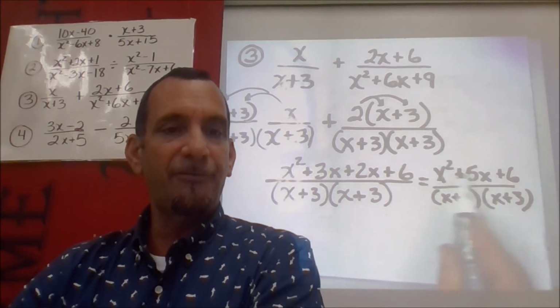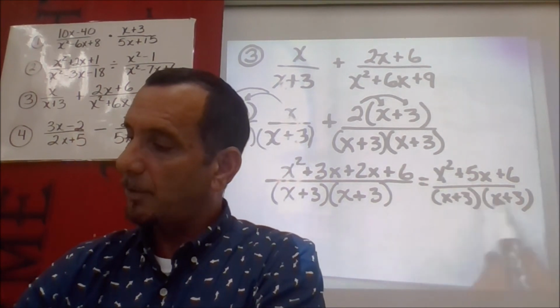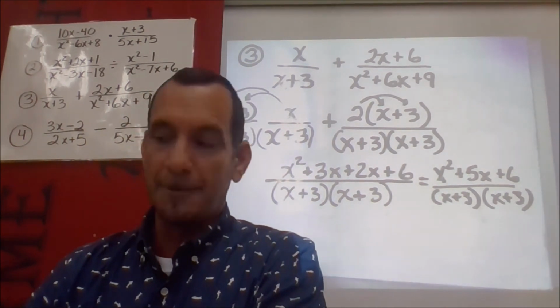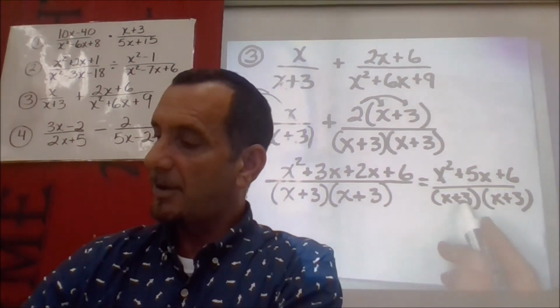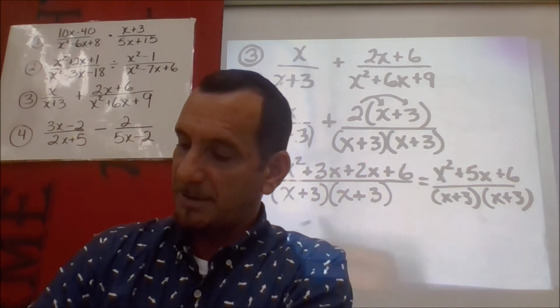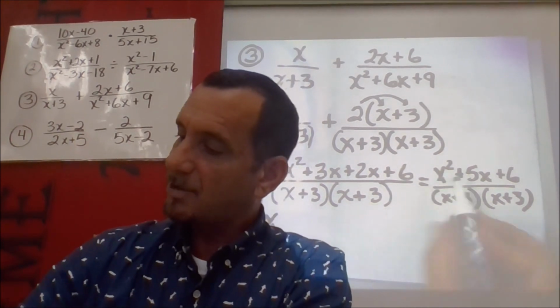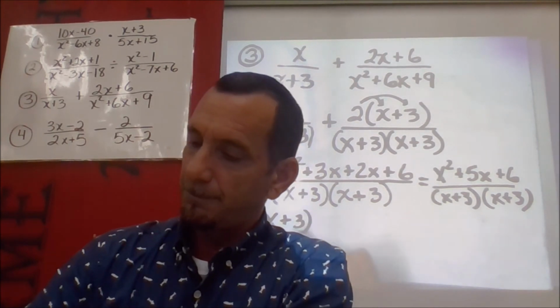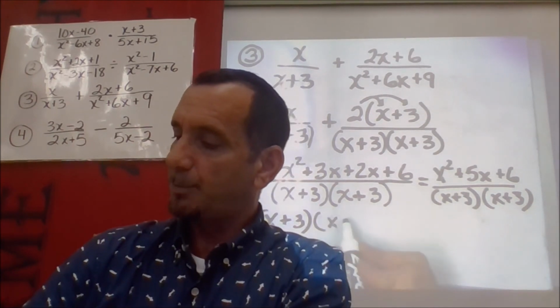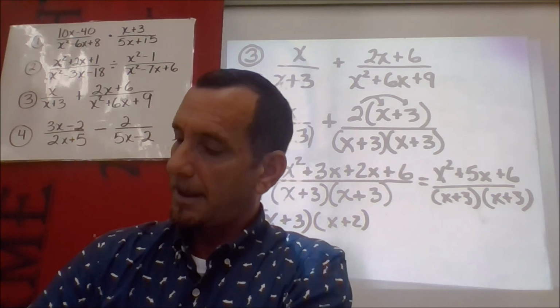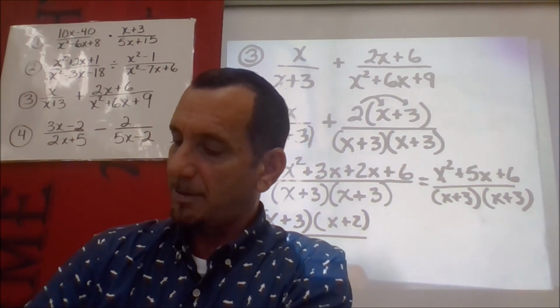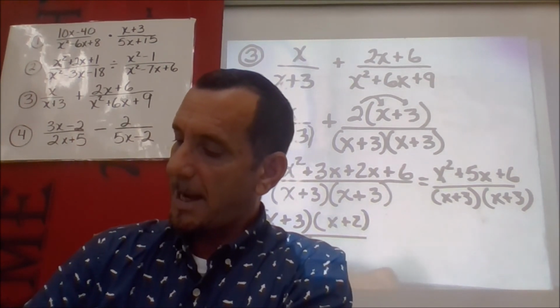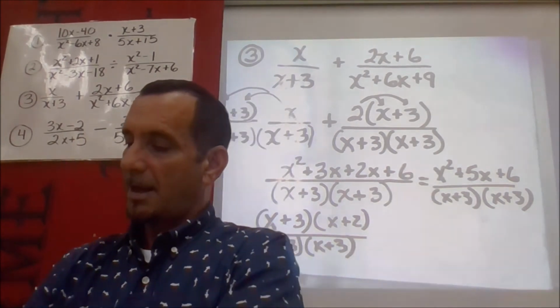Can I now factor this expression to see if it will cancel, simplify with any of those x plus 3 expressions? X squared plus 5x plus 6 is x plus 3 times x plus 2, and that's all over x plus 3 times x plus 3.